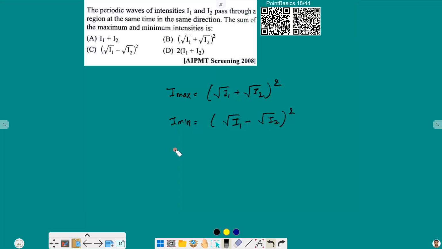If we add both of these, if we find out the sum, what we will get? We will get I max plus I minimum, that will be twice of I1 plus I2, and that is option D.